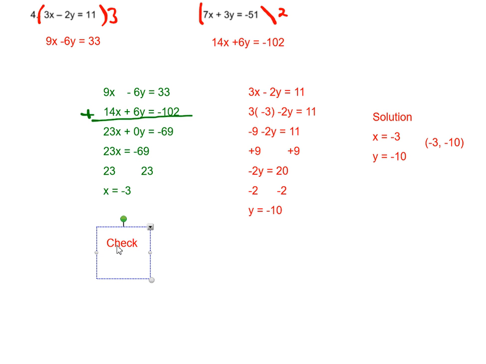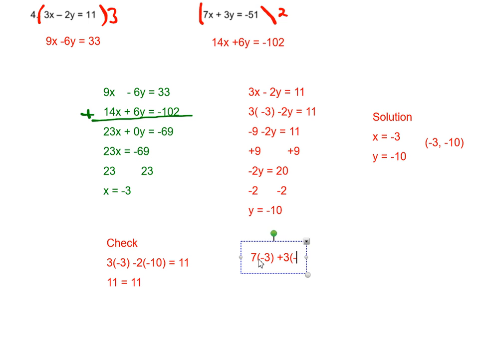I'm going to sub in 3 times negative 3 minus 2 times negative 10 equals 11, and when I type that in my calculator, 11 equals 11. For the next one, I have 7 times negative 3 plus 3 times negative 10 equals negative 51. So negative 21 plus negative 30 equals negative 51, so negative 51 does indeed equal negative 51. Those solutions check out, everything is good there.